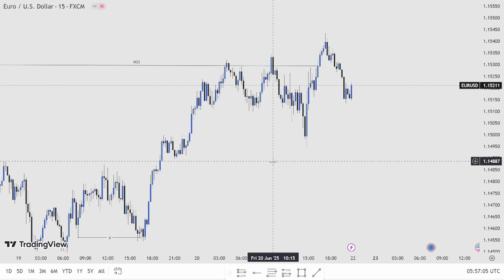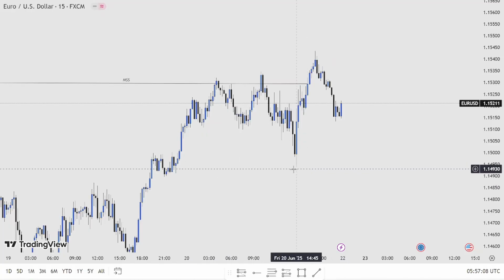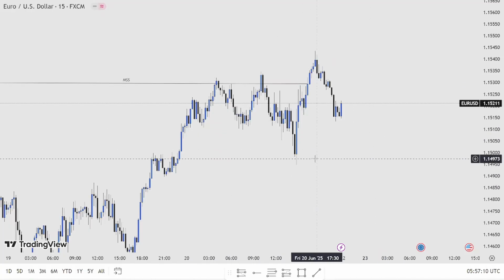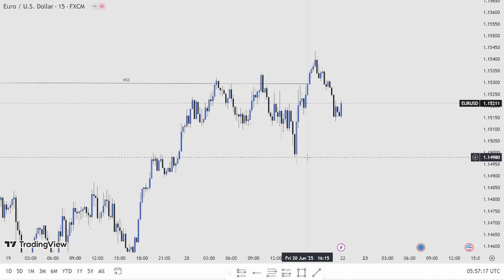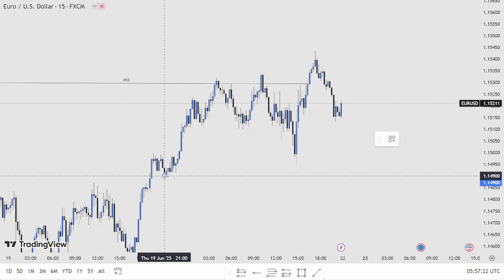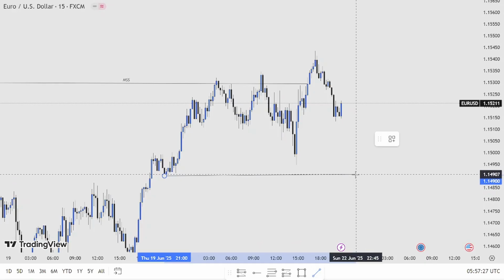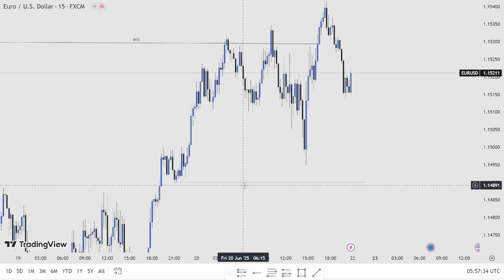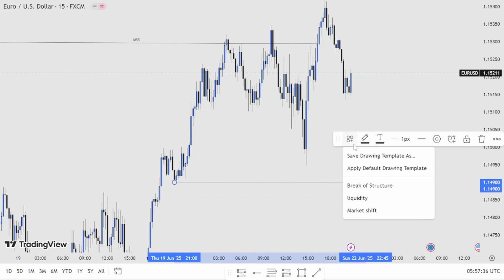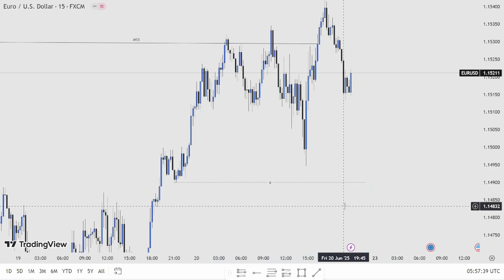Endorsement is when people think this is the last break of structure or this is our last wall, it will not go down anymore. And then that becomes endorsement. I call this liquidity. There is some liquidity lying here.